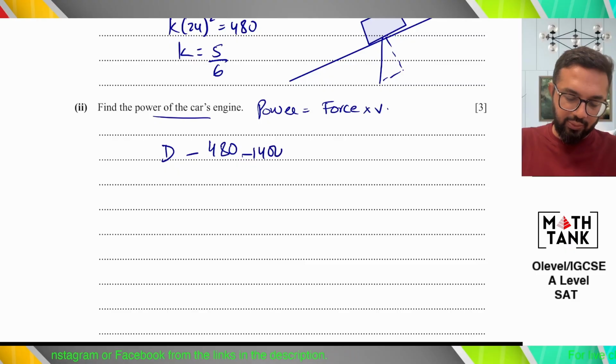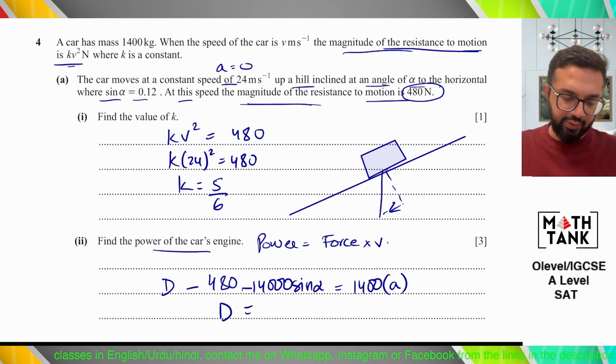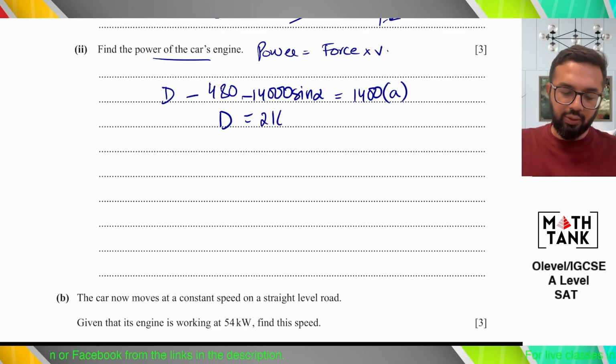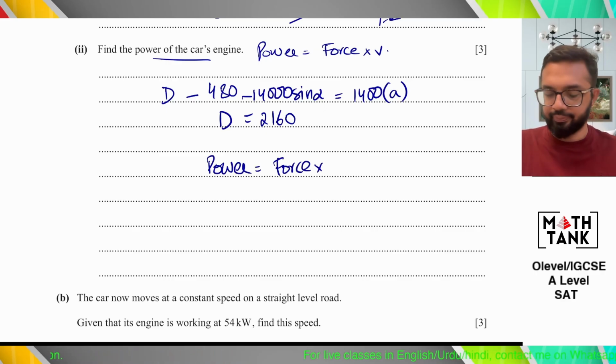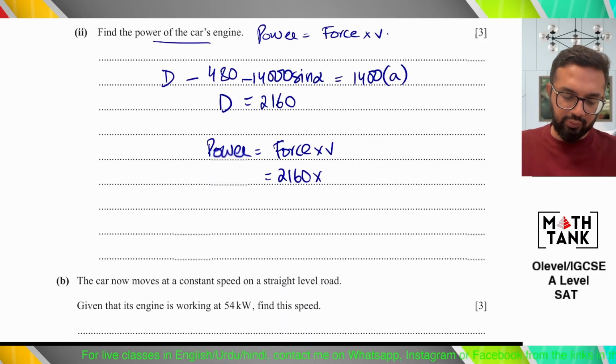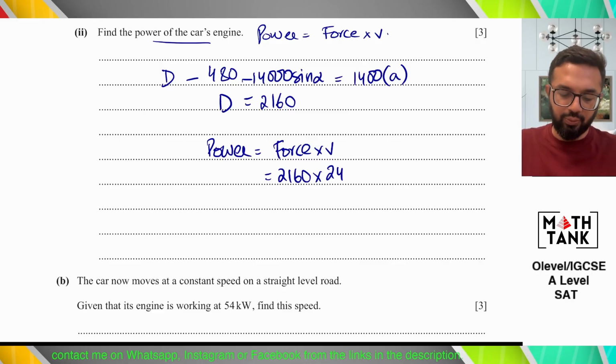Minus 14,000 sine alpha equals to ma. Sine alpha is 0.12. 160. Power is force into velocity. By 1840 watts.